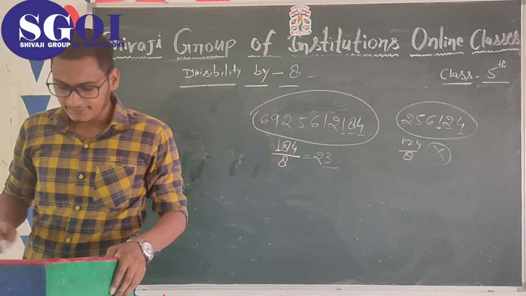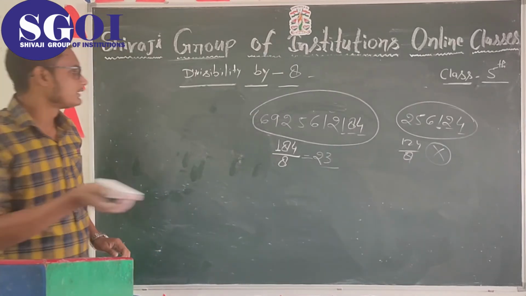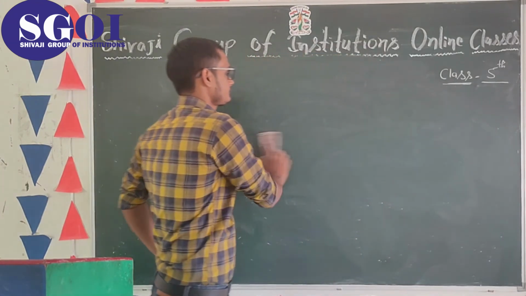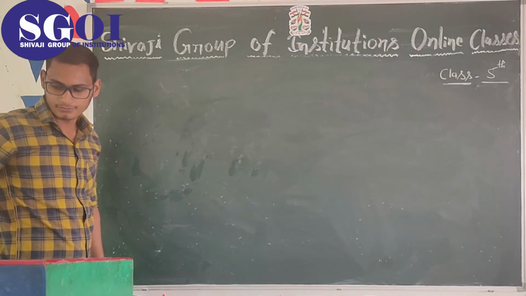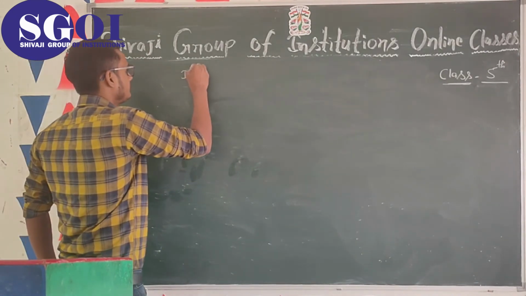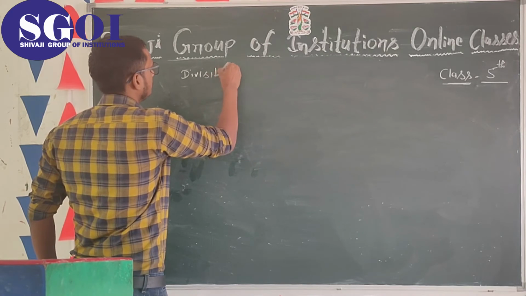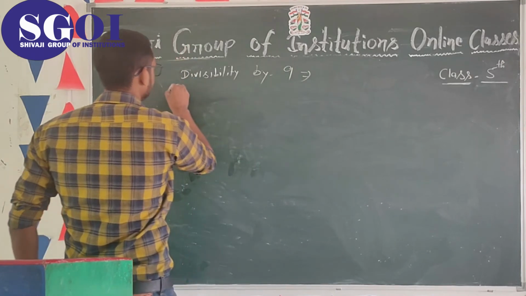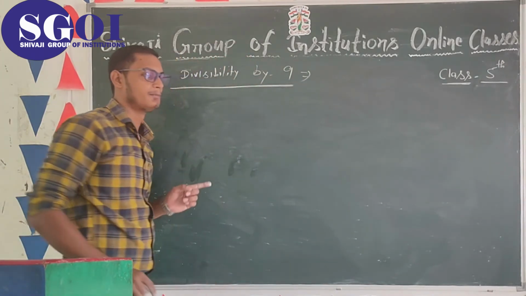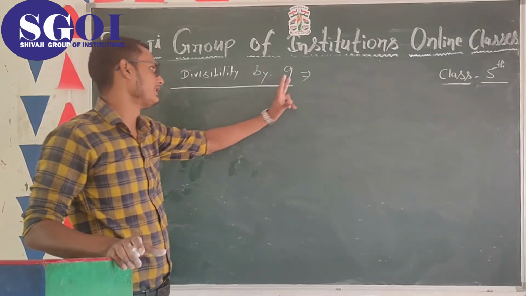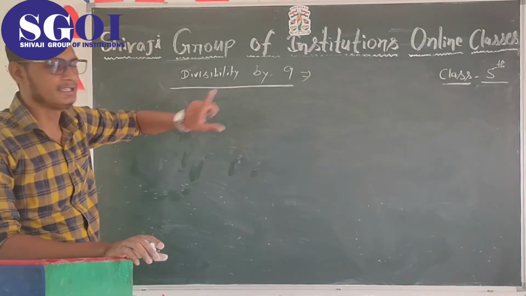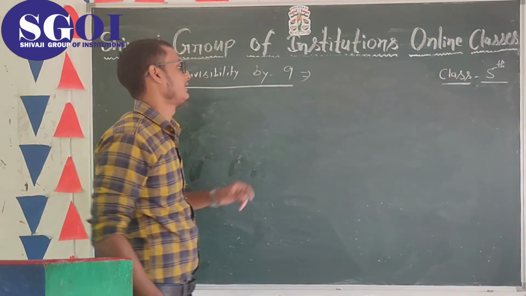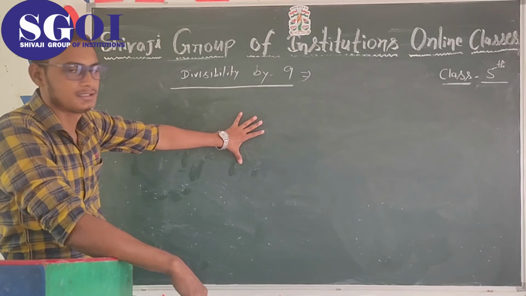Next property, divisibility by 9. The divisibility rule of 9: if the sum of all digits is divisible by 9, then the number is divisible by 9.